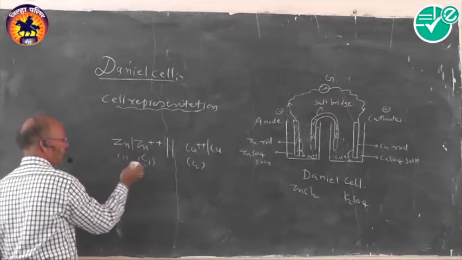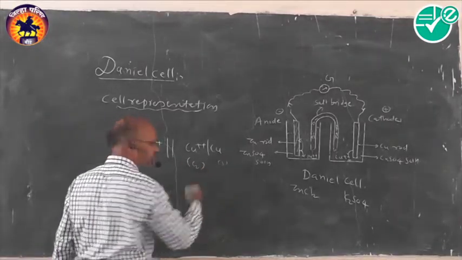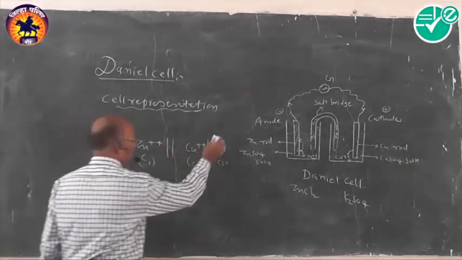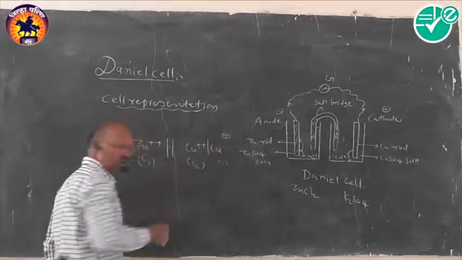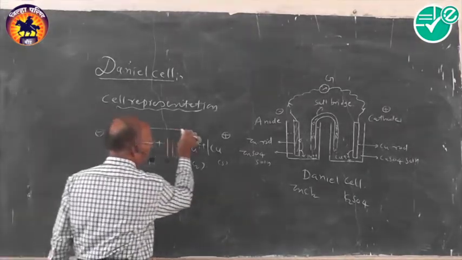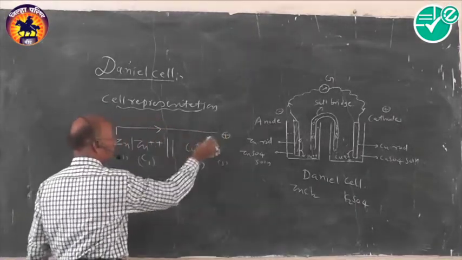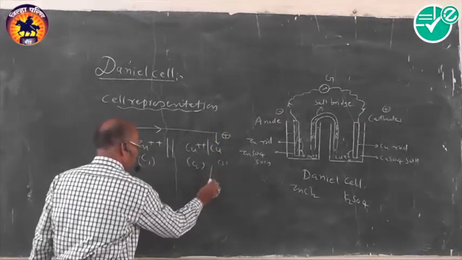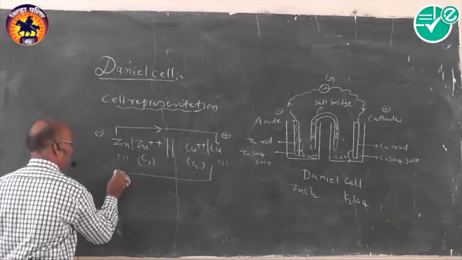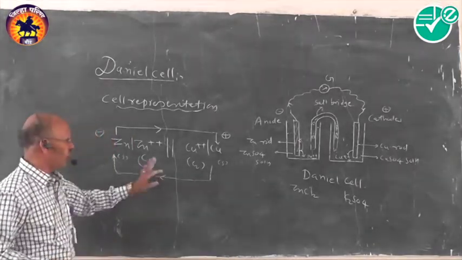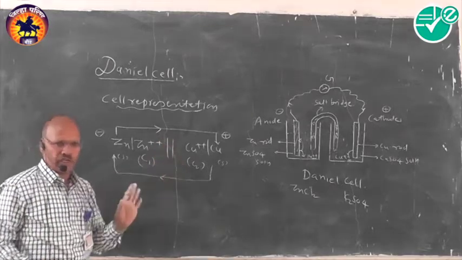The electrodes are in the solid state, the anode assigned a negative charge and the cathode a positive charge. Transfer of electron is from zinc to copper, like this. As the cell is reversible, the cell reactions can easily be reversed. We can follow it in this fashion. So it is the cell representation for the Daniell cell.